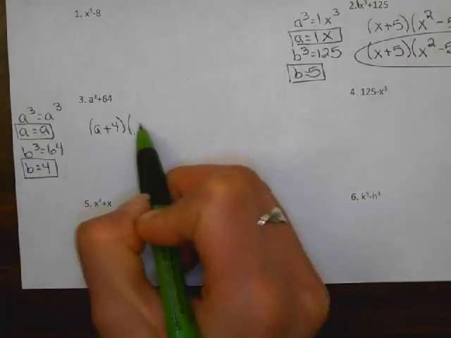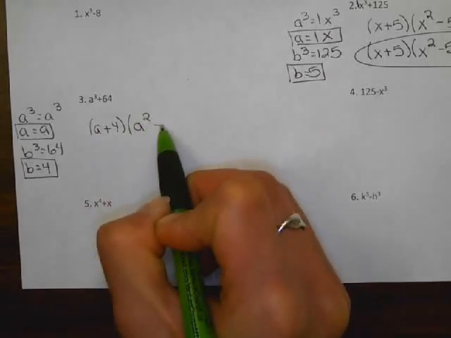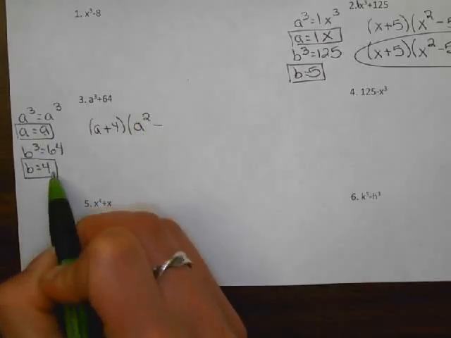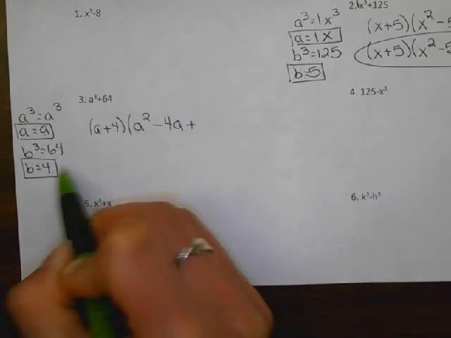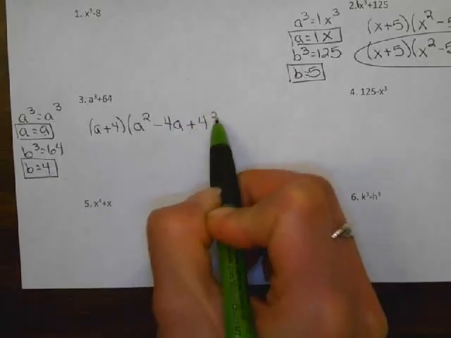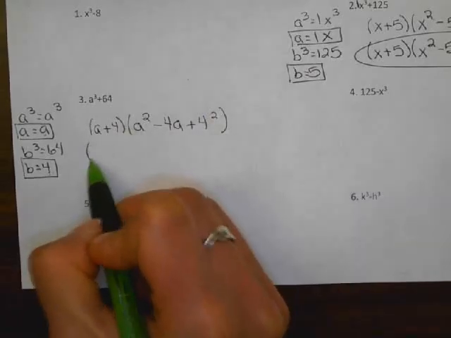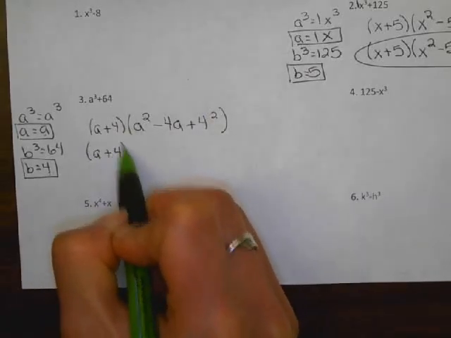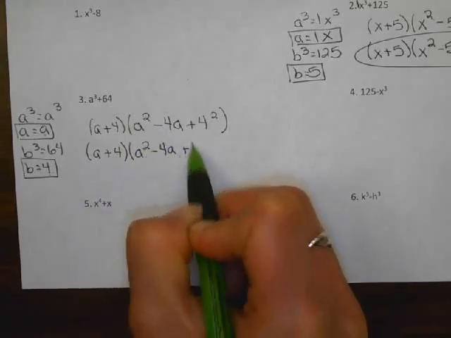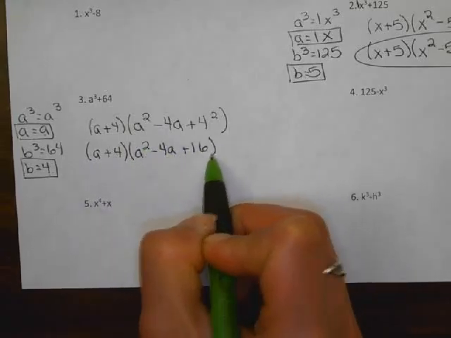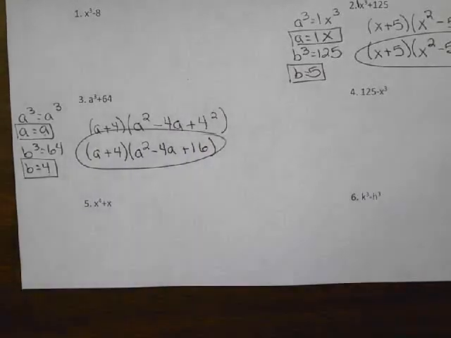Well, a is a, so that's just a squared, minus a times b, which is going to be 4a, plus b squared, which is 4 squared. And now to simplify, I have a plus 4 times a squared minus 4a plus 16. And that is my final answer.